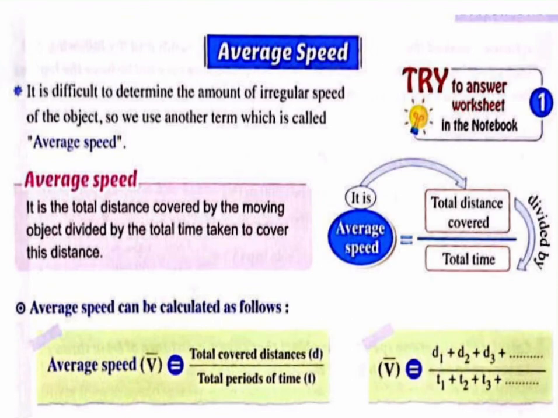So here we will say average speed, or V dash, equal total D over total T. So here, if the car covered distances like D1, D2, D3, in T1, T2, T3, so V dash equal D1 plus D2 plus D3, etc., over T1 plus T2 plus T3, etc. Okay.